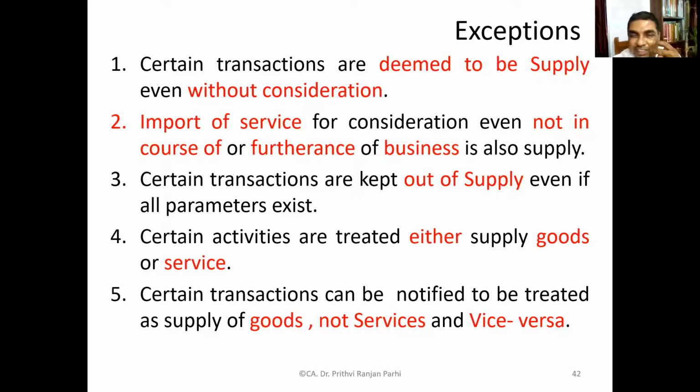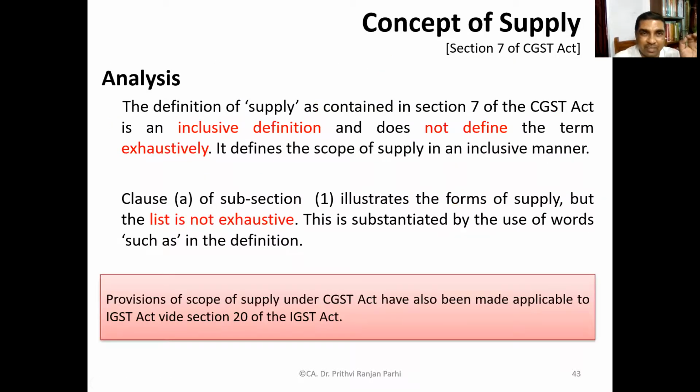You have seen that they will be treated neither as supply of goods nor supply of services. Certain transactions can be notified to be treated as supply of goods, not services, and vice versa. Certain transactions can be notified as supply of services, not goods. We have to keep all these things in mind.